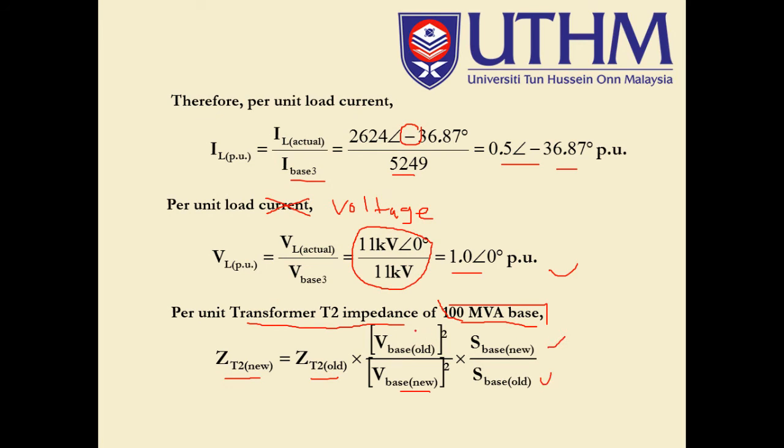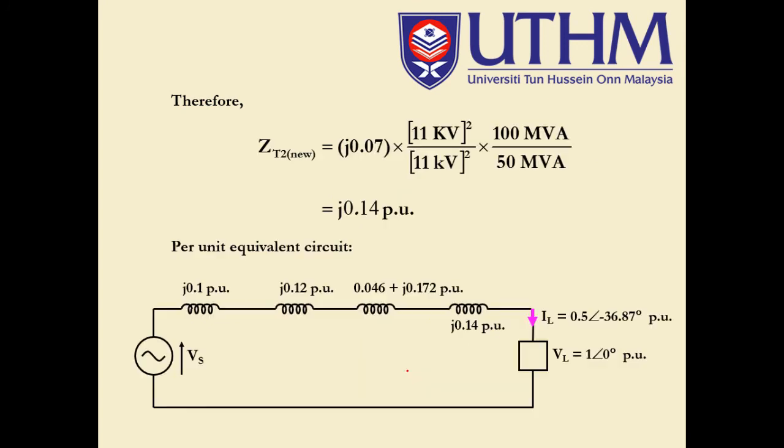We have no problem with this value: the voltage ratio is 11 over 11, which gives 1, we have 100 as the new S value, and this is the old rating power of transformer 2.